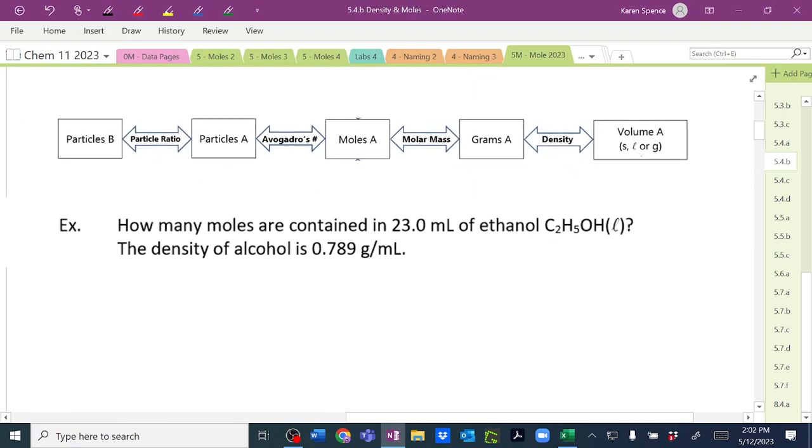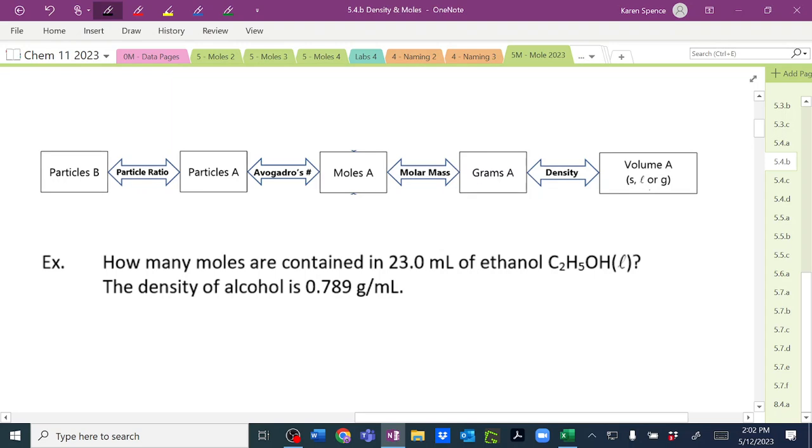So we want to know how many moles, and this particular chart that I have here is actually from page 3. If you don't like flipping back and forth, you can tear out page 3 and have that in front of you. But anyway, we want to find the number of moles contained in 23 milliliters, so that is a volume.